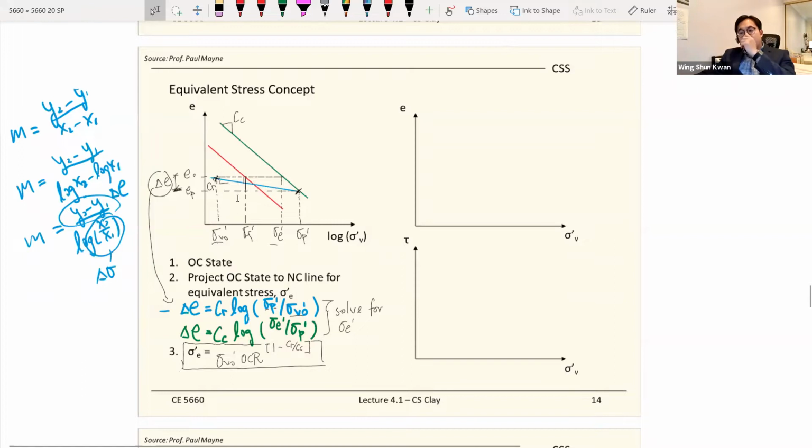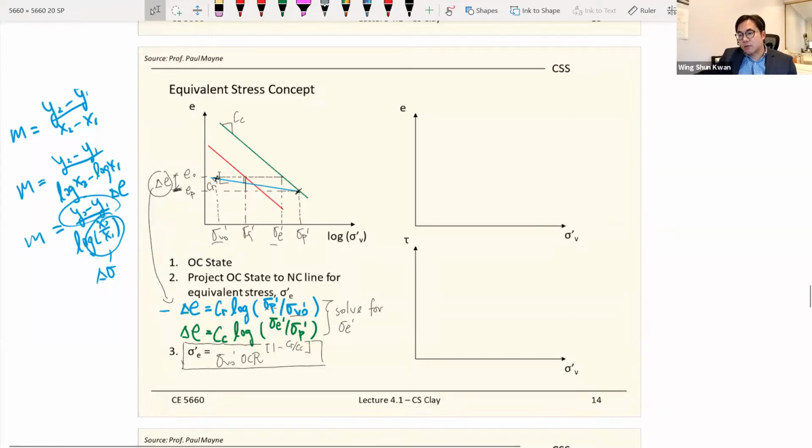Starting from the blue line, we pick a point, and the equivalent stress concept tells us there could be a mirror image, a mirror stress point to this point, because from the start we always know where we end, right?